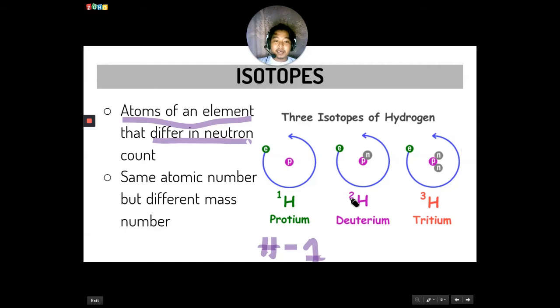Meaning, mass number niya is 2 kasi it has 1 proton plus 1 neutron, we have 2. So may mga invisible one yan dito. We learned that already, I think, in mathematics, that if the subscript is 1, we don't include them anymore, or if the superscript is 1, given na siya. So deuterium will be H2, and then so on and so forth. Tritium will have an H3.